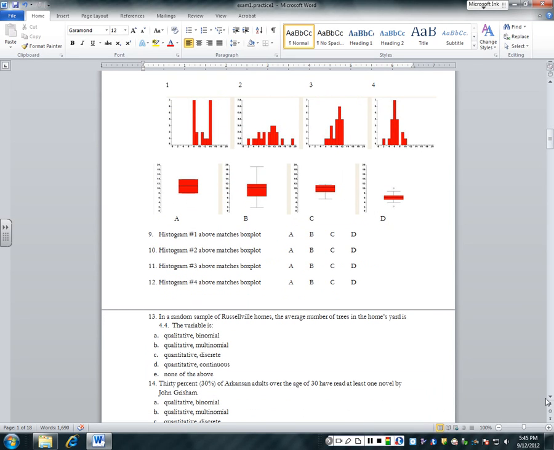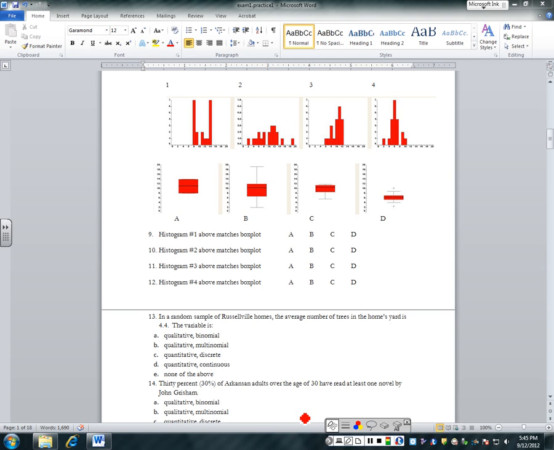Okay, on the next section here we have some box plots and histograms, and the task is to match those up. There's a number of ways you can do this.